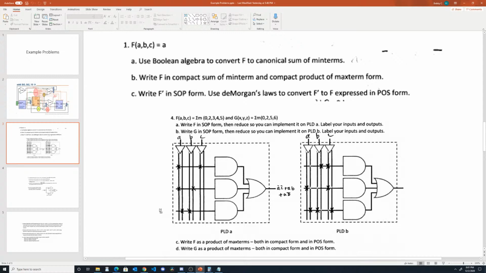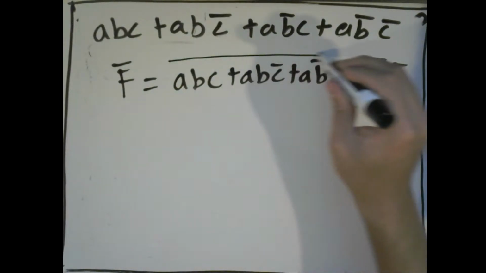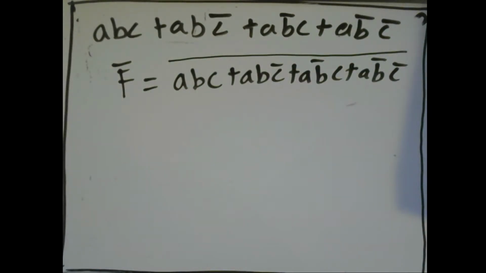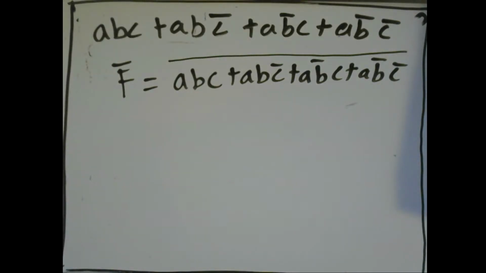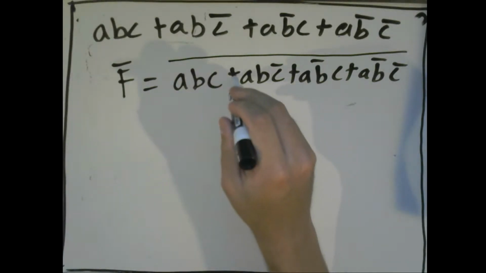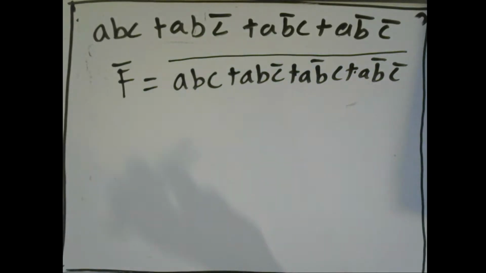So we've done this step. We just put a big invert line over all this. And what we can do is start breaking this apart using De Morgan's law. So first I'm going to write a POS statement. I want to break these plus signs apart, so I'm going to apply De Morgan's law.